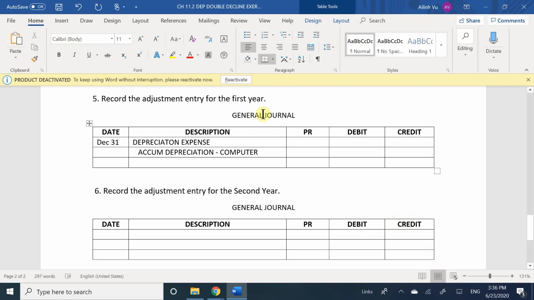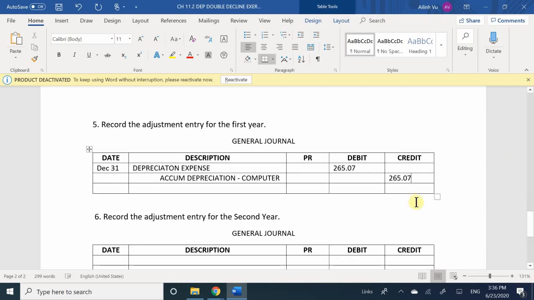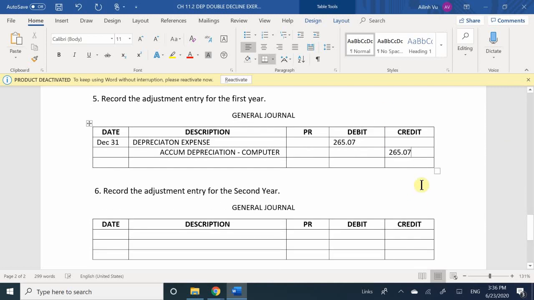Good. Okay, I have a lot more space than I expected, so let me move that a little over. Good. And it is for the value of $265.07, and down here it is also going to be $265.07. All right. Now depreciate it for the second year.